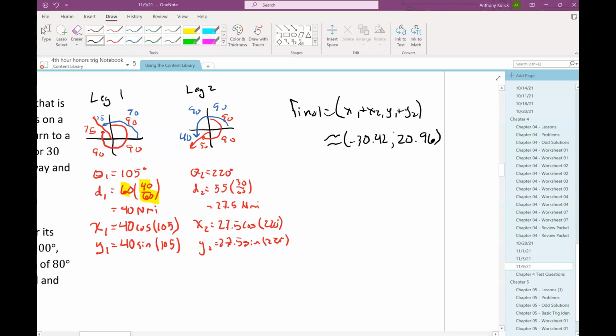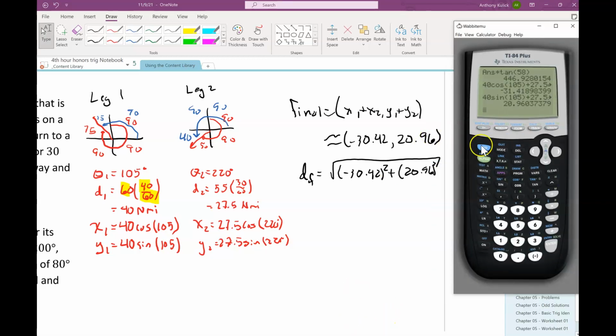Okay. So to get the final distance then, I just do the Pythagorean theorem on that, or really the distance formula, whatever way you want to think about it though, it's the same thing really. So square root of the x coordinate squared plus the y coordinate squared.